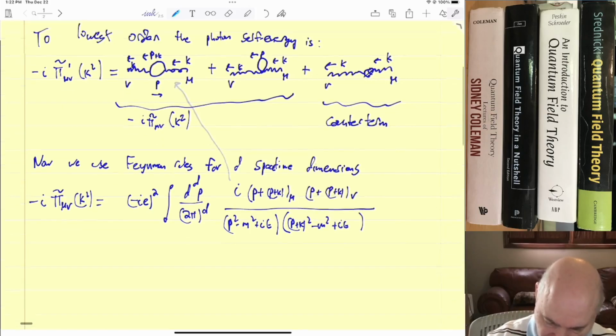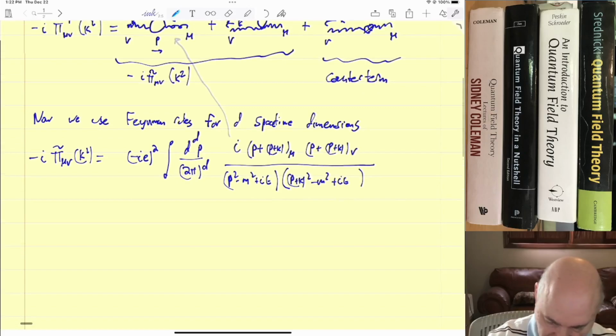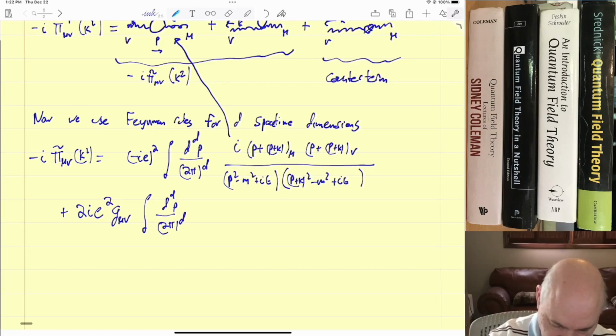Now we have that special diagram, which is plus 2i e squared g mu nu, the integral of d^d p over 2 pi to the d, and here we just have one propagator.